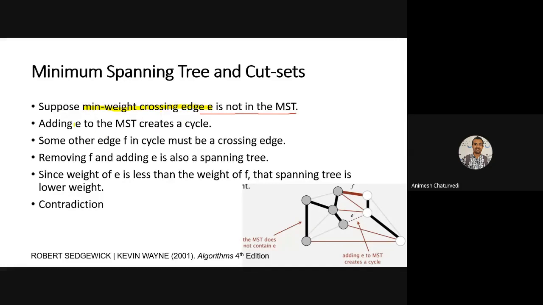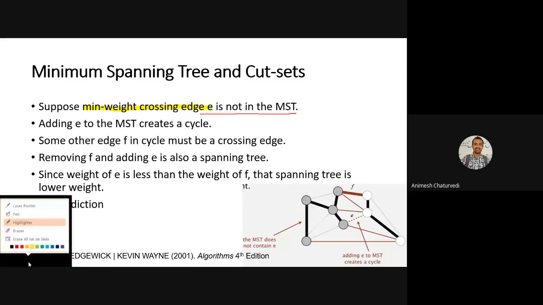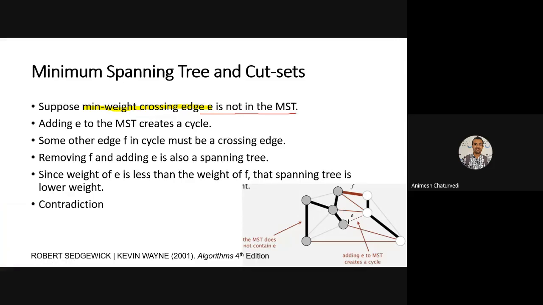Now you want to add E to the MST. How will you do it? You add E to the MST. But if you add E to the MST, the whole thing would end up creating a cycle.